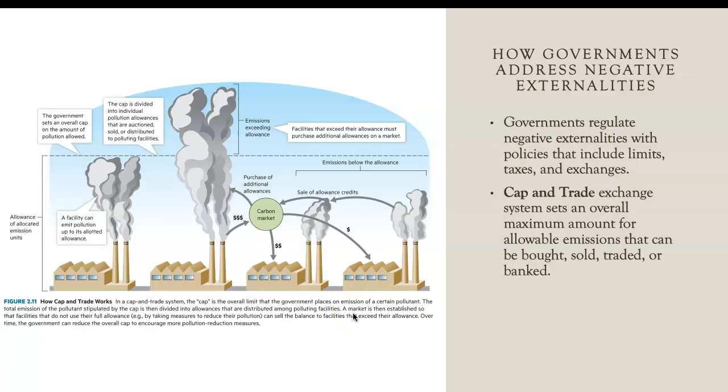So how does government address negative externalities? This is a very good example, cap and trade. I'm going to be a little bit faster. So basically, this is government regulation.